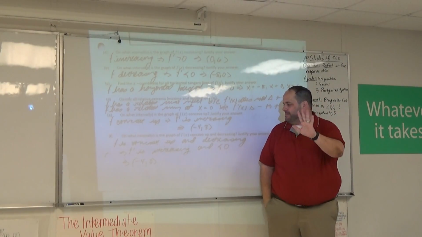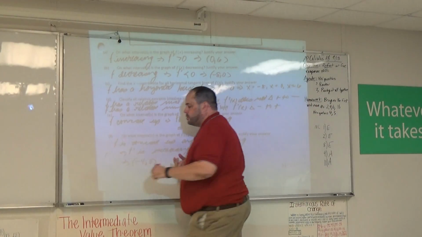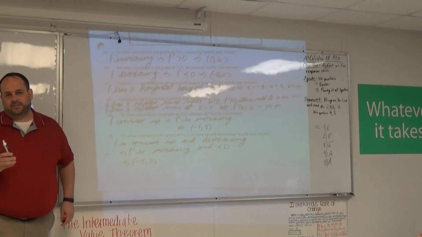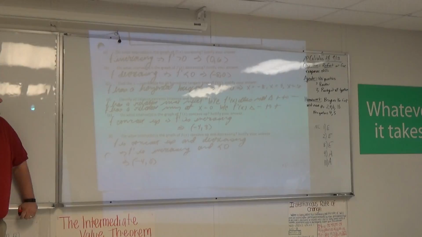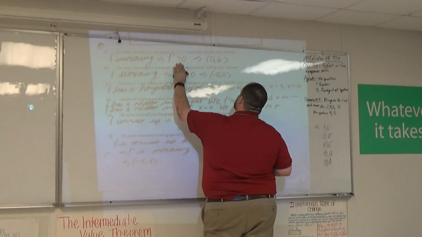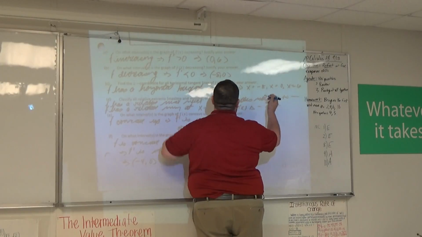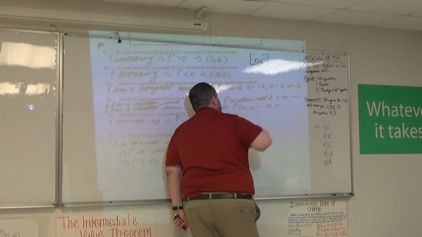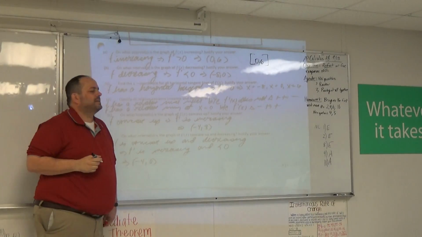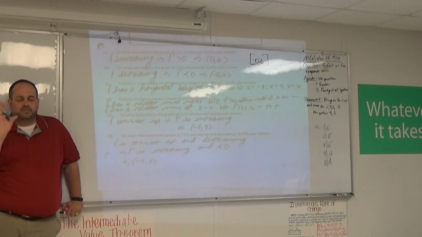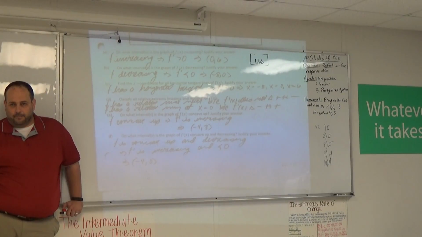Now, here's something special, Stephen, when you're Googling things at night. Some textbooks, some calculus teachers say F is increasing, that means F prime is positive, and you say on the open interval 0 to 6. They, being the College Board, will also accept the closed interval 0 to 6 for some definitions and reasons we're not going to get into right now.